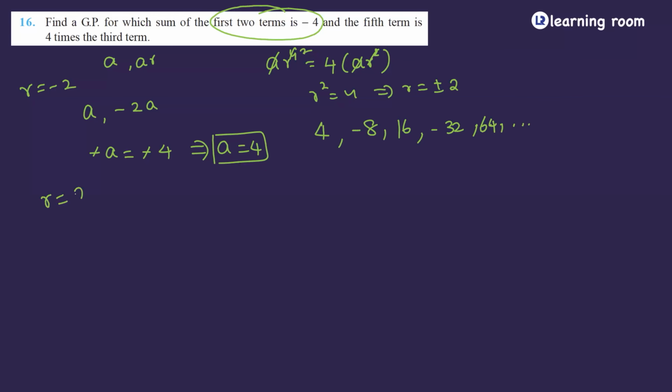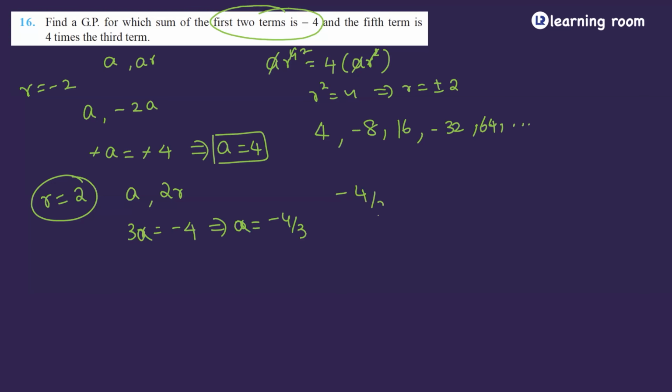If I take r as plus 2, out of this plus or minus 2, then the first term will be a and the second term will be 2a, so that the sum of these two will be 3a. So 3a is equal to minus 4, which implies a will be equal to minus 4 by 3.